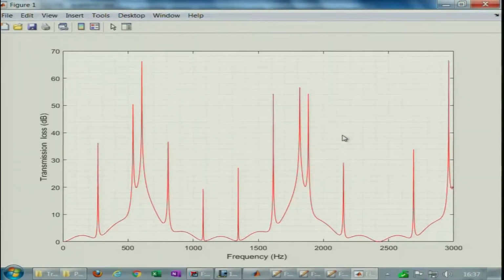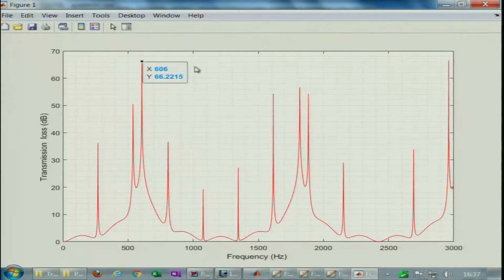What is important to note here is that let us first analyze 2 or 3 important peaks that occur. We go to the basic data tip. At frequency 269, we get one peak. Another peak occurs at 538, the next one occurs at 606, and so on.